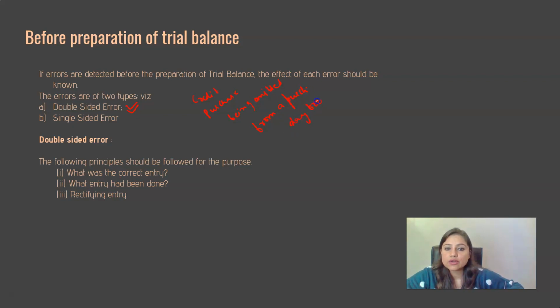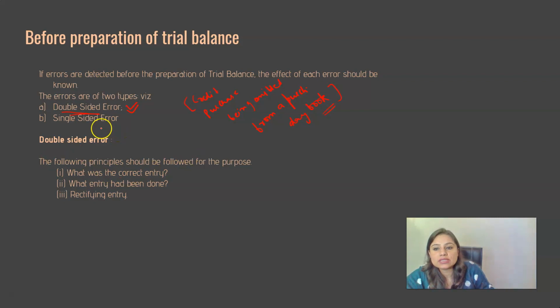This is an error of omission, which would be considered a double-sided error for the simple reason that we have omitted this credit purchase. The creditor account has not been credited, the purchases account has not been debited, so both accounts have been impacted, and the entry has been totally omitted from the books of accounts. So this will be termed a double-sided error.